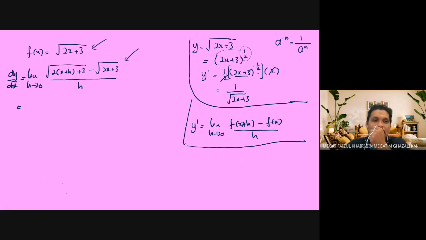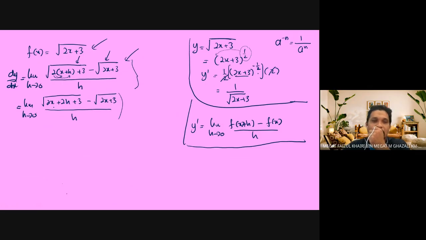Okay, so for this kind of situation when we have a square root, there is one term that appears for this. The limit of h approaching 0 of [square root of (2x + 2h + 3) minus square root of (2x + 3)] divided by h.